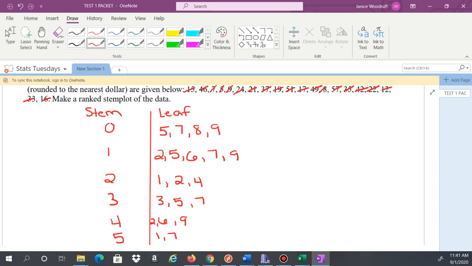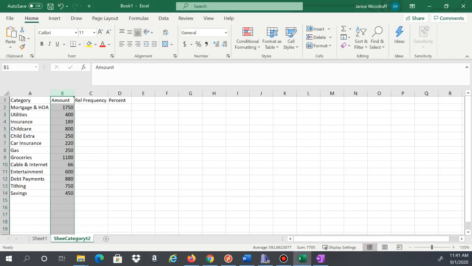And the last thing we're doing is we're going back to this budget. This takes a really long time to do by hand, so we're going to do it in Excel. So I already put everything here. There might be extra categories that I just couldn't think of, and I was just trying to come up with arbitrary numbers, but this should be good.